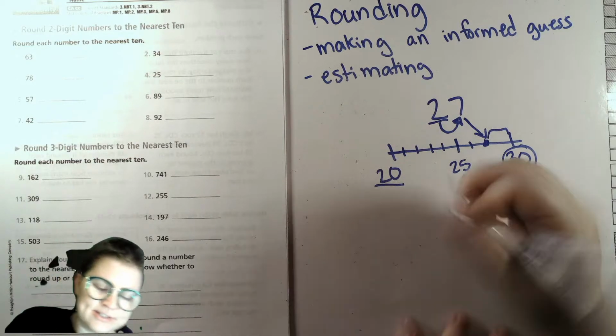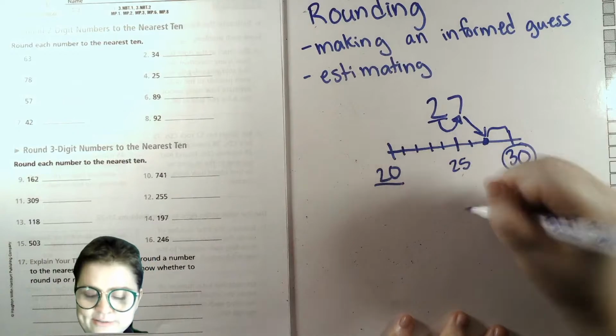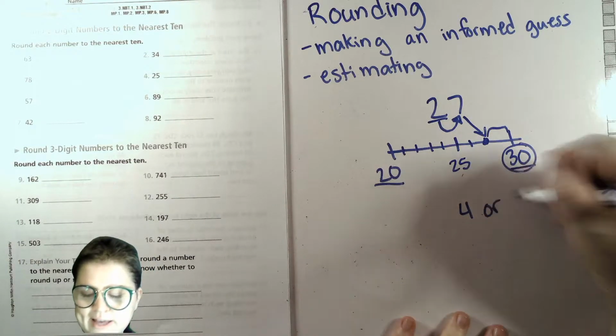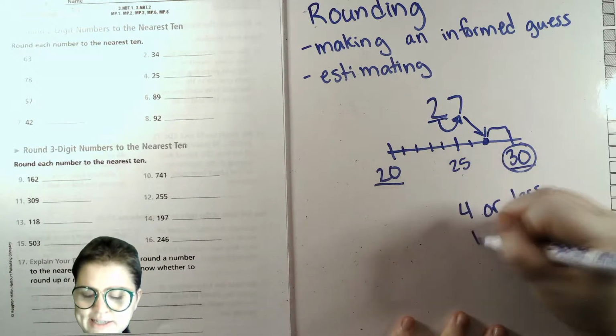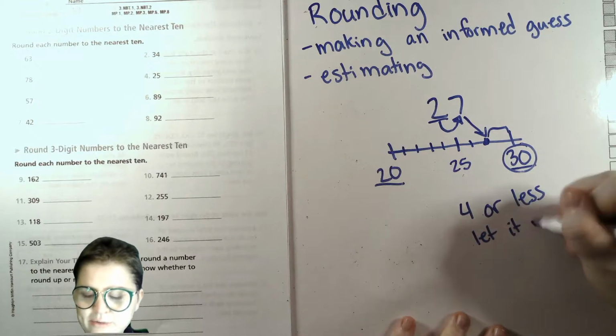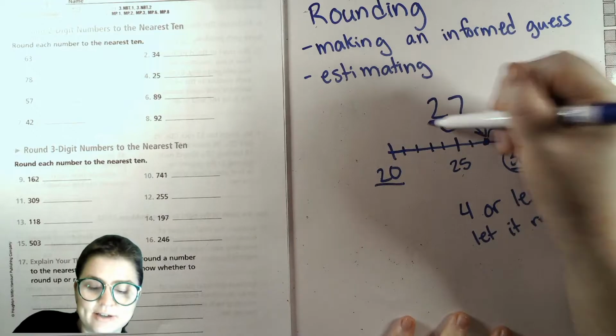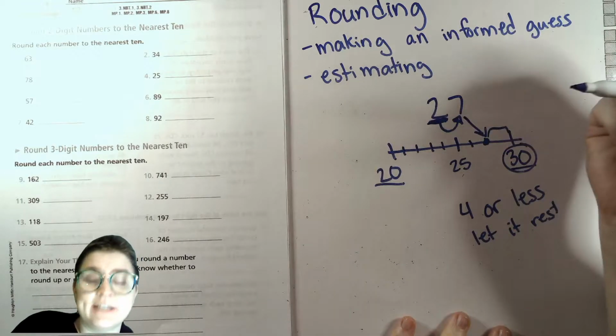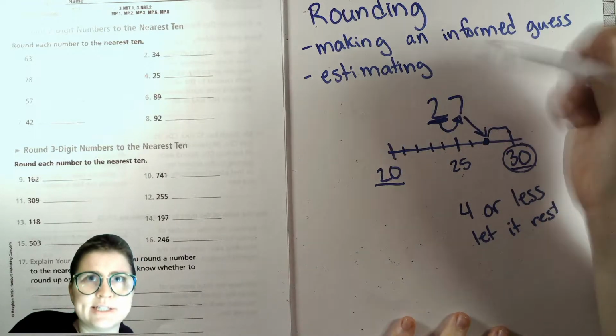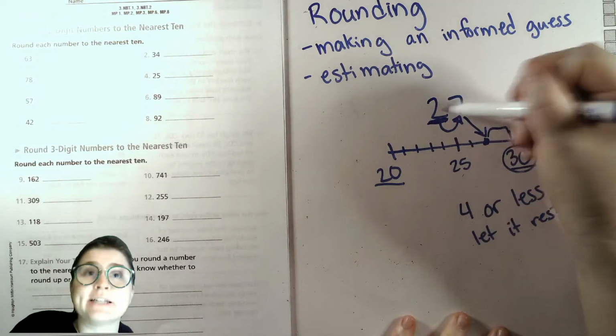And then you ask yourself, or you tell yourself, 4 or less, let it rest, which means this will stay at the digit place value it already is. We never go down, so this is never going to turn into like 10 or anything.